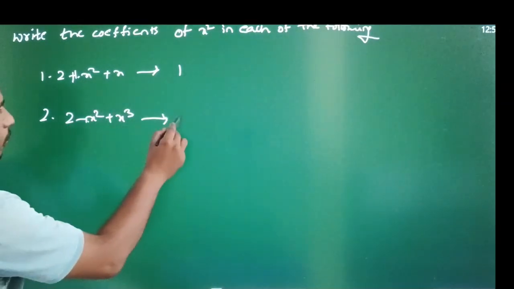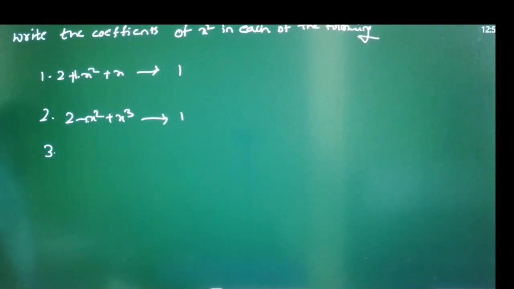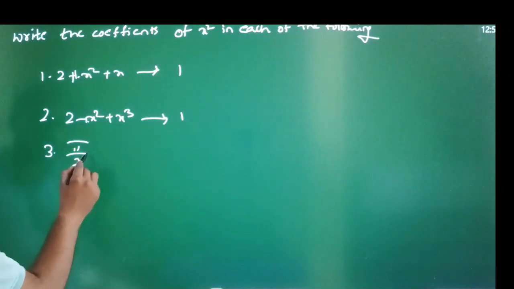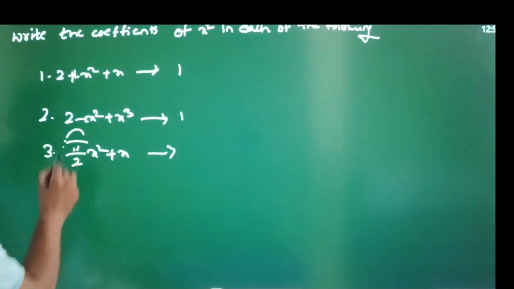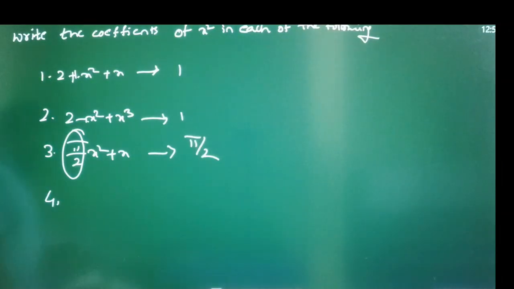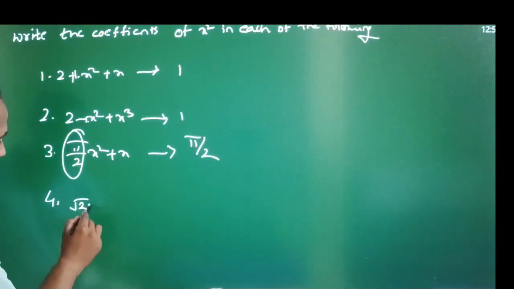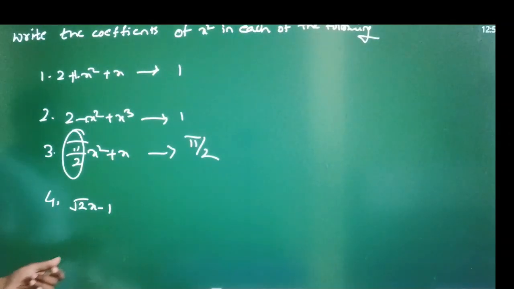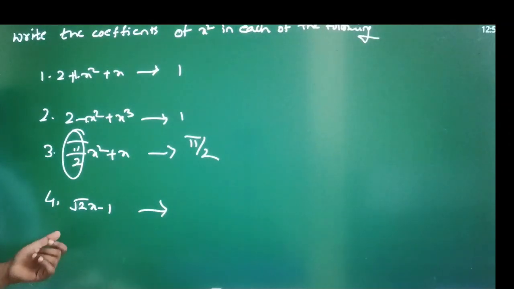Here, the coefficient of x square is 1. Third one. Here, the coefficient of x square is pi by 2. Fourth one. Here the x square term is not there, so the coefficient of x square is 0.